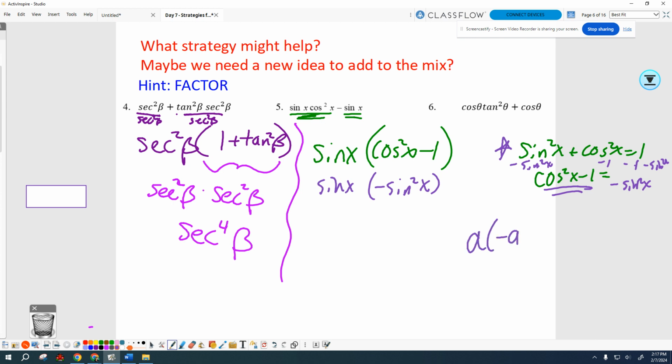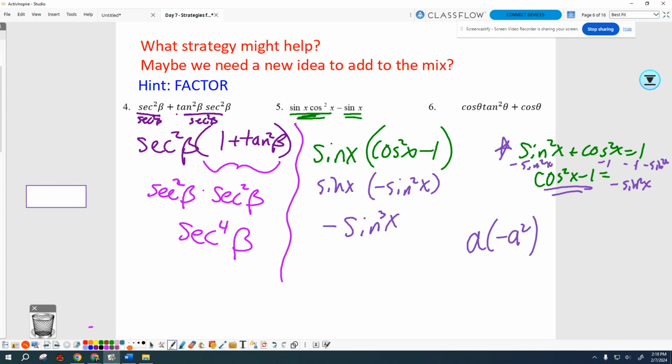What is a times negative a squared? Negative a to the third. So what's this going to be? Negative sine x to the third. Perfect.